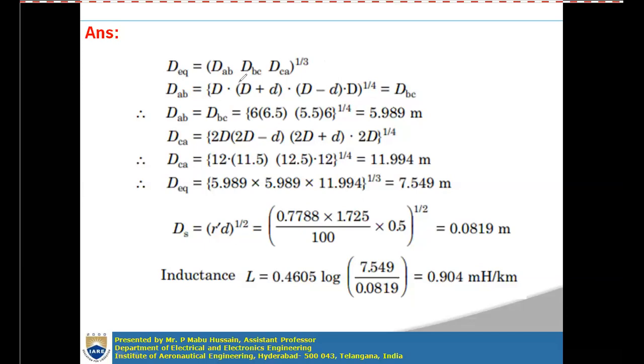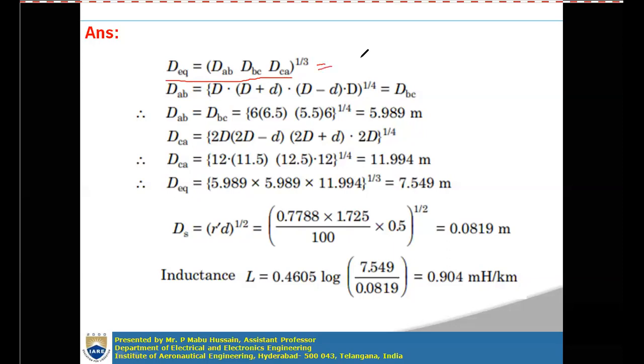Okay, so you can use the same formula. DAB is the distance from center to center of two conductors or two phases A and B, which is 6 meters. As we see, DBC is also 6. DCA is 12, whole to the power of 1 by 3. If we calculate this, I am getting 7.55.